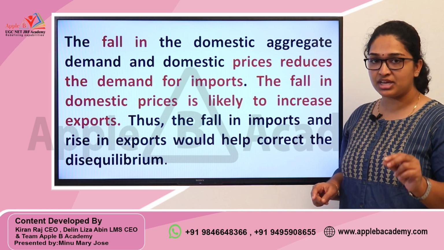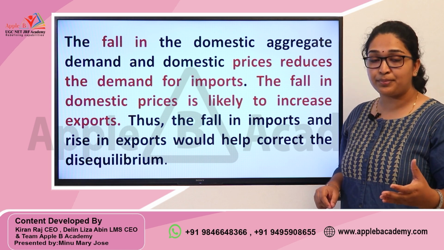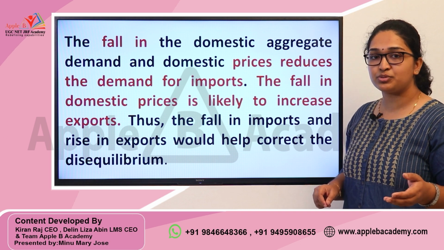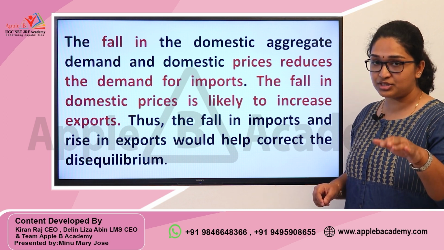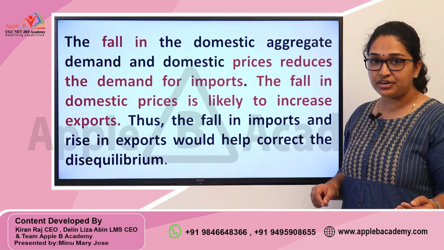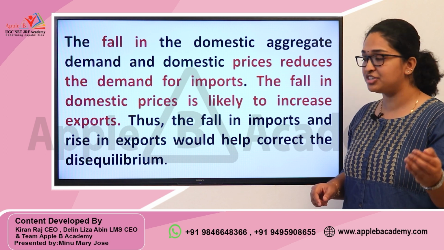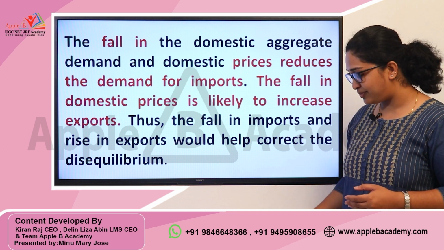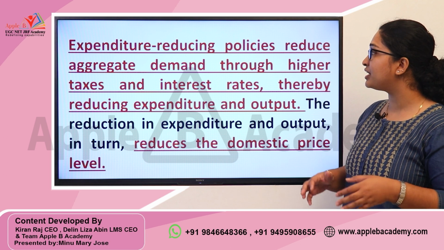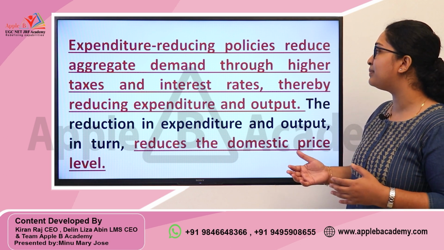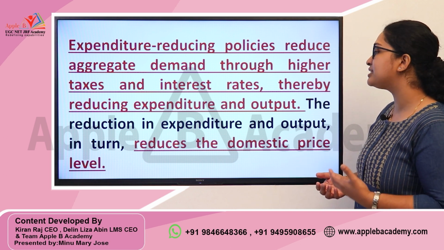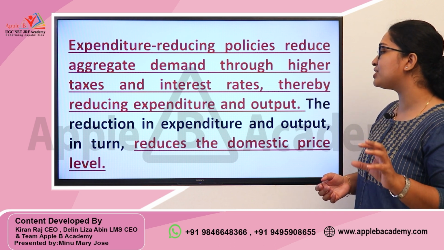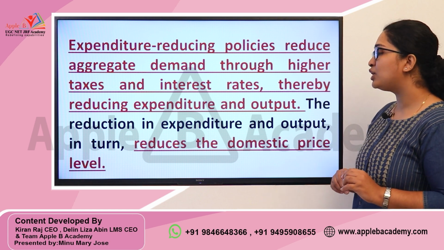If the balance of payment was in disequilibrium, suppose the imports were greater than the exports, then this situation can lead to imports being reduced and a rise in exports being initiated, which can correct the disequilibrium in the balance of payments. So, expenditure reducing policies reduce aggregate demand through higher taxes and interest rates, thereby reducing expenditure and output, and the reduction in expenditure and output in turn reduces the domestic price level.